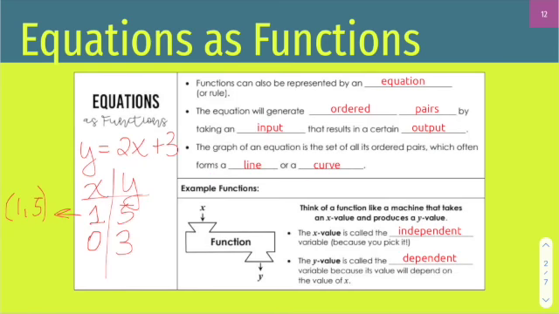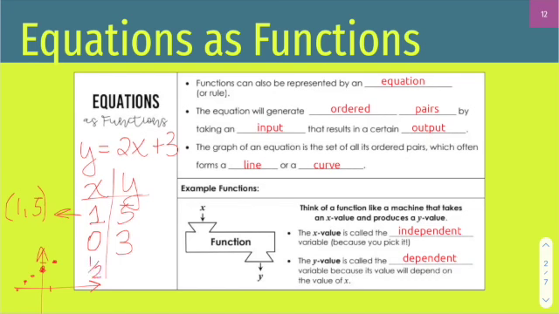So if we were to put this in a graph, right, we would get the point 1, 5. So this would be the point 1, 5, for example. Then you get the point 0, 3 over here. And if I get all of the points, I could plug in, for example, 1/2.